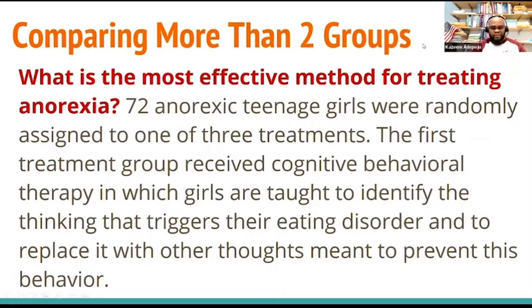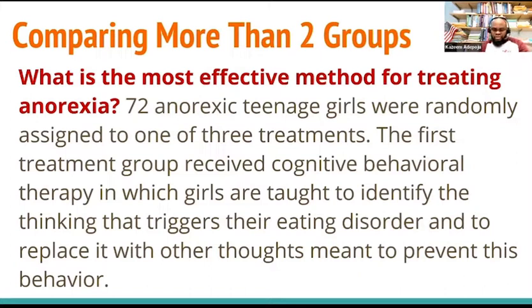For instance, we have a research question, and let's read the scenario now. What is the most effective method for treating anorexia? 72 anorexic teenage girls were randomly assigned to one of three treatments.